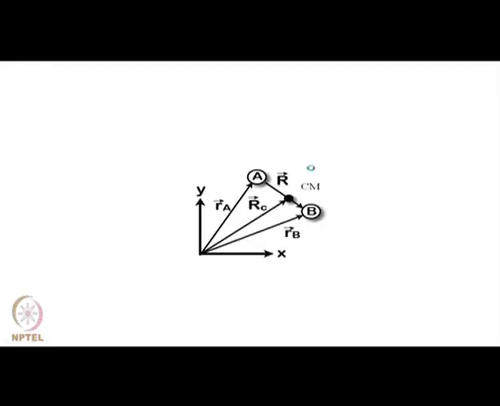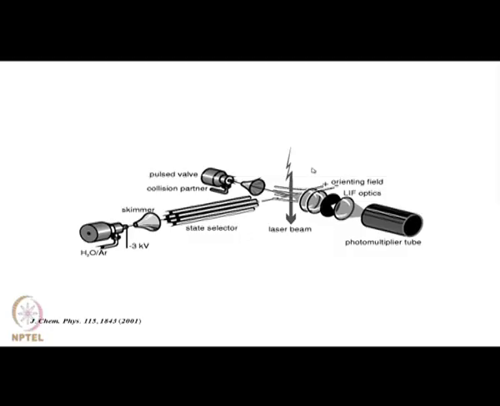Next, we have an apparatus taken from the Journal of Chemical Physics, 2001 edition, volume 115, which gives you the idea of how to do these collision experiments.